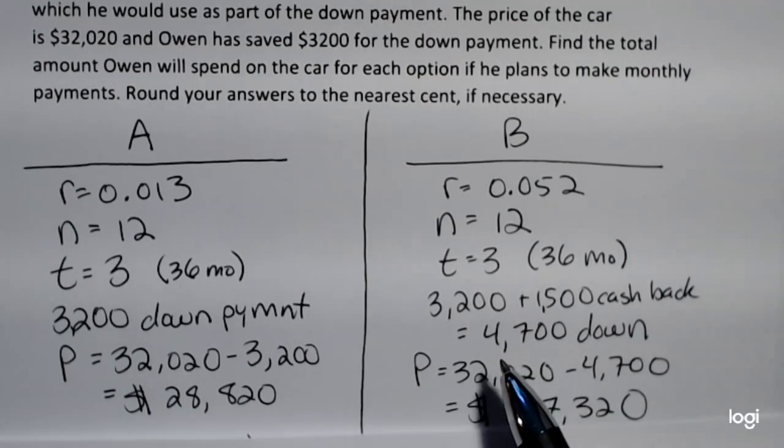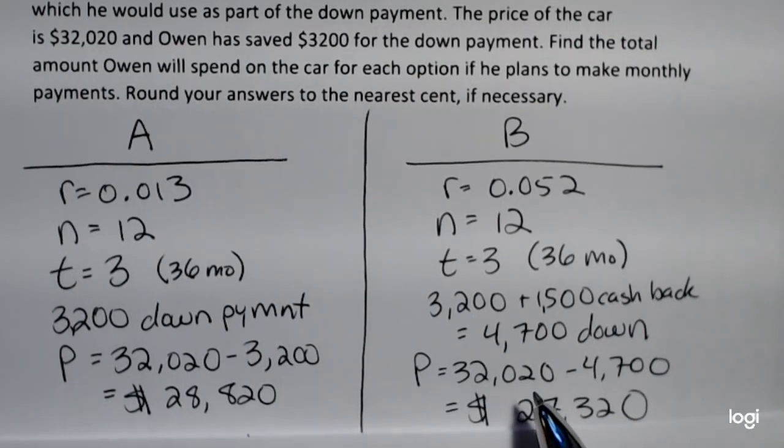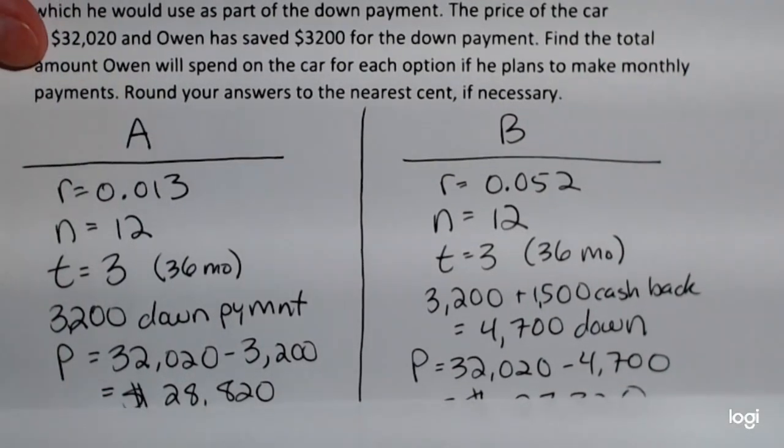So the actual amount he borrows under option B will be the price of the car minus this $4,700. So he would end up borrowing $27,320 under option B.